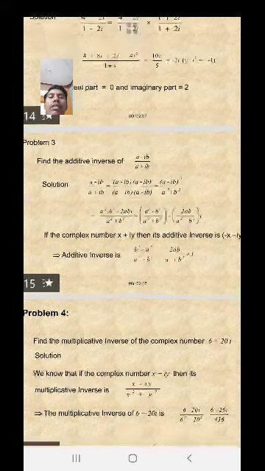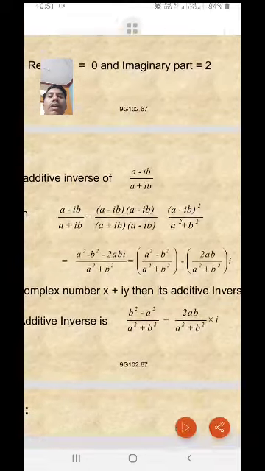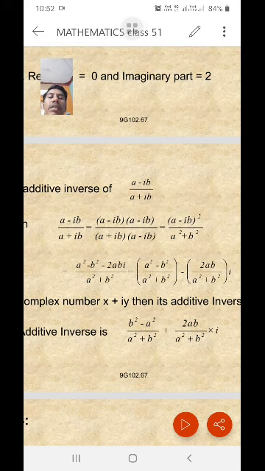So then it becomes, in the numerator, a minus ib into a minus ib means a minus ib whole square, by in the denominator the two products are in the form of a plus b into a minus b, then it becomes a square minus b square. So minus ib whole square means i square b square. i square means minus 1. So minus into minus plus. So a square plus b square.